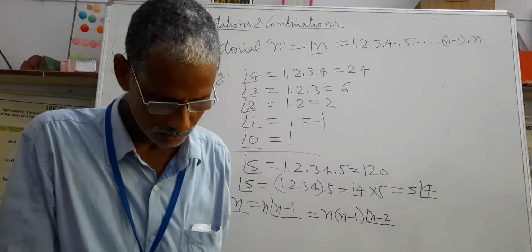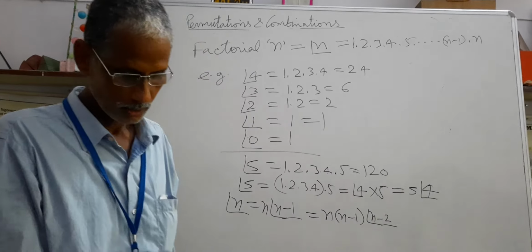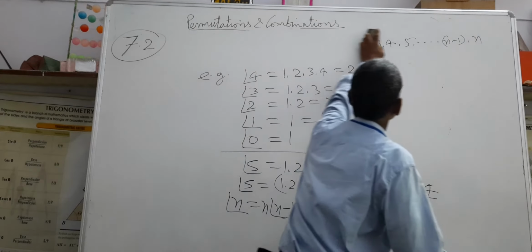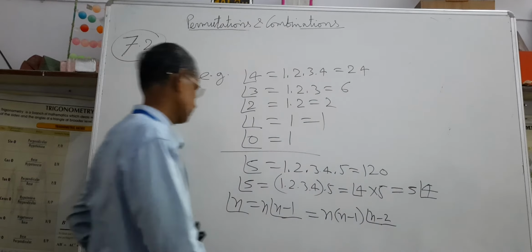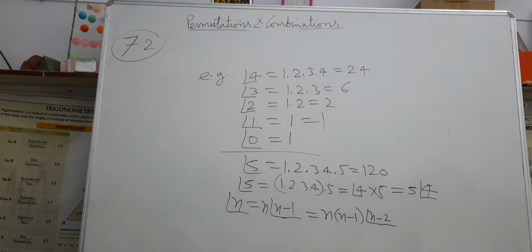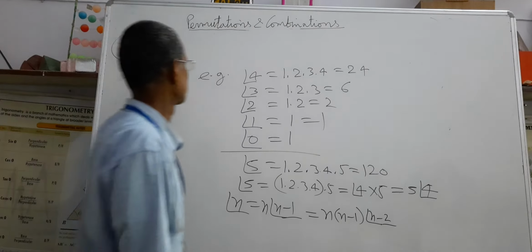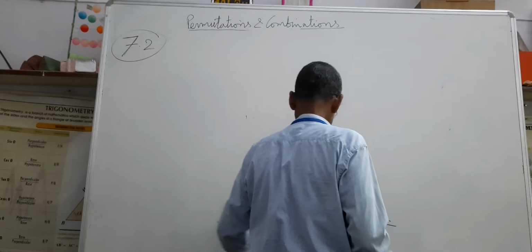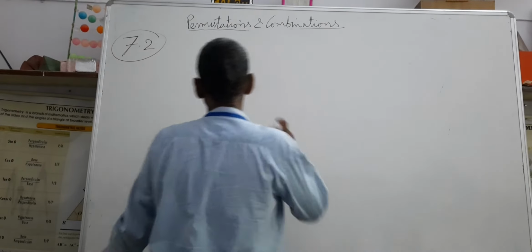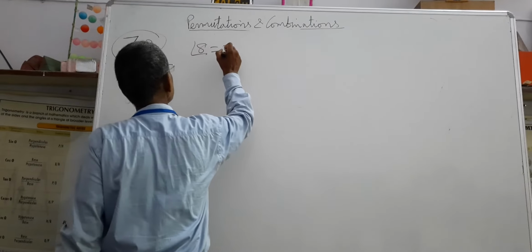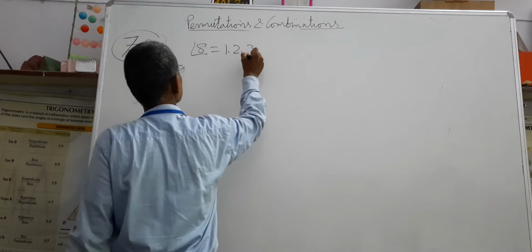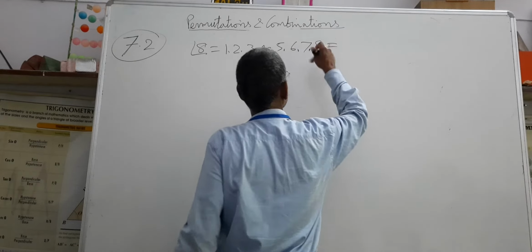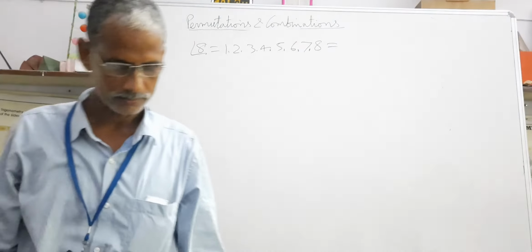The first question is given as evaluate factorial 8, which is equal to 1 into 2 into 3 into 4 into 5 into 6 into 7 into 8. Evaluate it yourself in your copy.